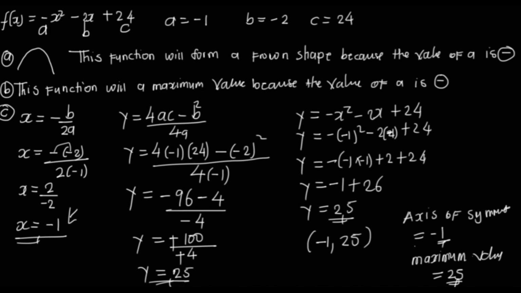Okay, so in most cases, whenever you are dealing with a frown shape, or whenever you are dealing with a maximum value, the y-coordinate will be a positive number. While if you are dealing with a smile shape or a minimum value, in most cases the y-coordinate is negative.